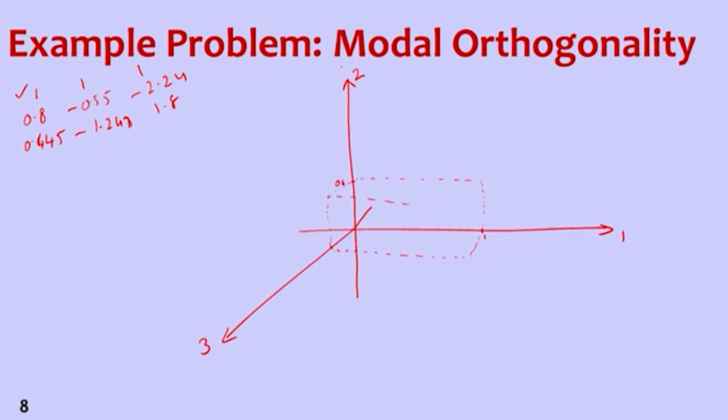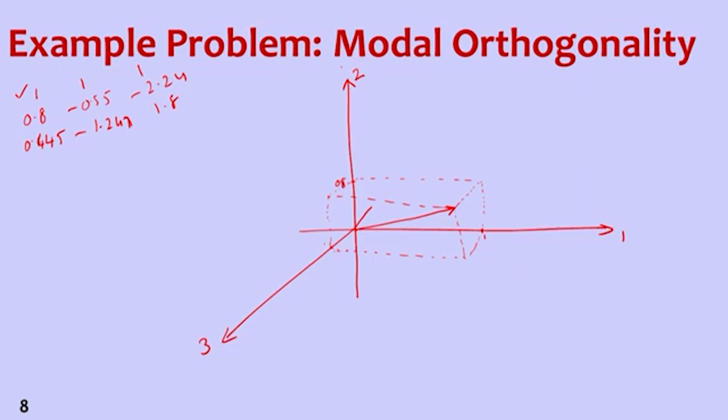This is the first mode. You can see on the 1 coordinate we went up to 1, on the second coordinate up to 0.8, and on the third coordinate up to 0.445.